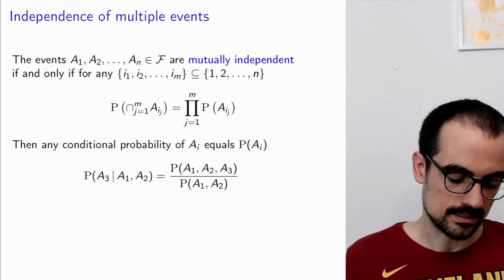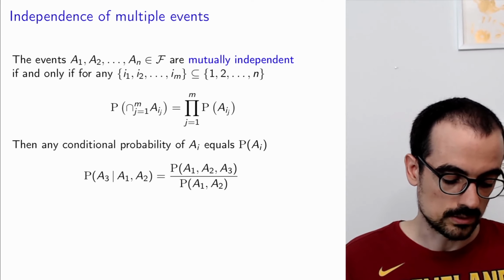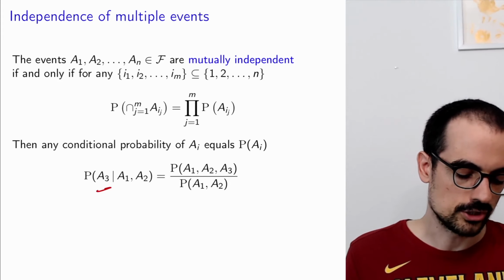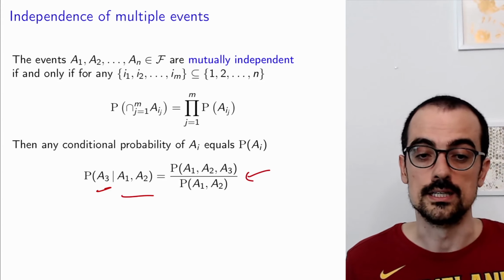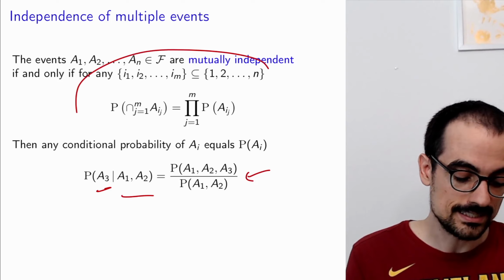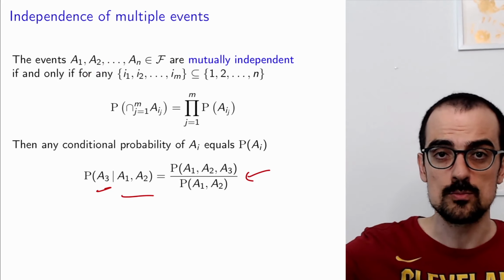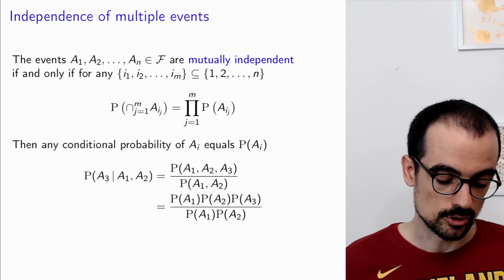And then this is going to guarantee that any conditional probability of A_i, for any of the A_i's, is equal to the probability of A_i. So to see why, let's take a look at our example. We're interested in the probability of A3, which in our case was C, conditioned on both A1 and A2. This is the definition of this conditional probability. And now, if this condition holds, then both the probability in the numerator and in the denominator factorize into the individual probabilities.